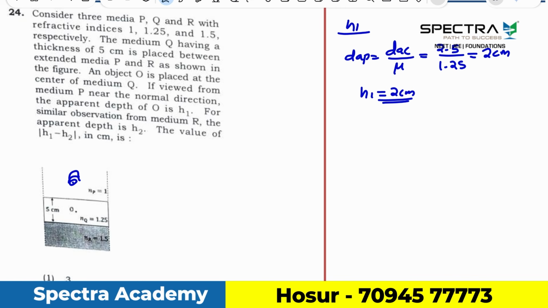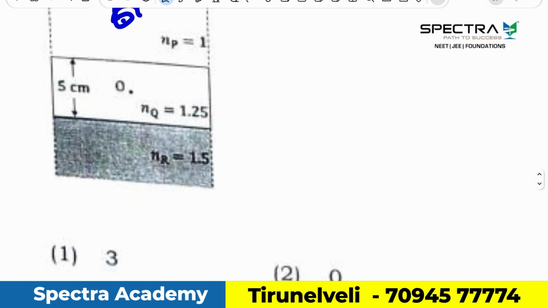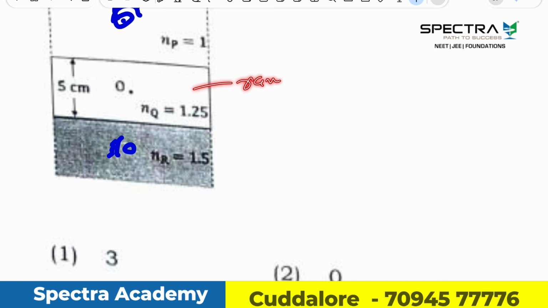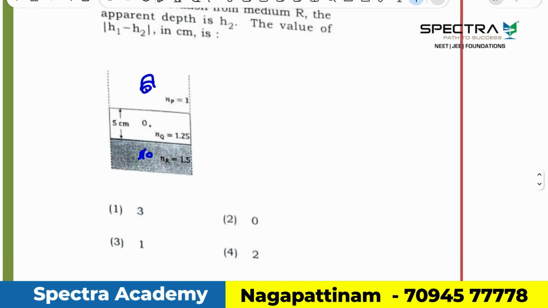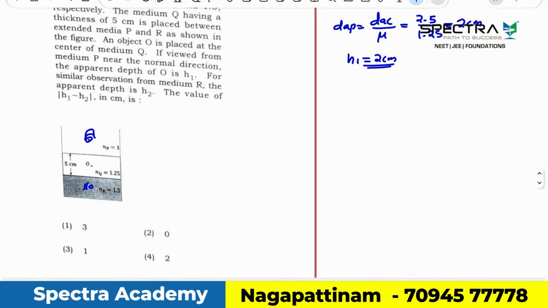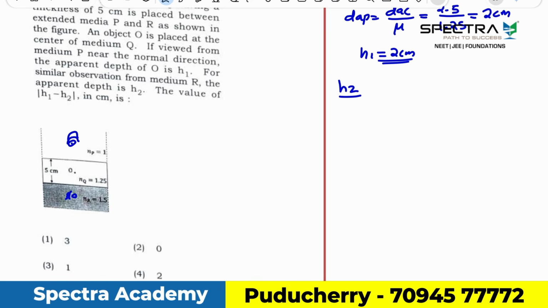You got it. Now when you are looking from this medium, you know that this is rarer and this is denser. So you are looking from denser to a rarer medium. So what is the equation you have to apply to find h2? I think this will be the point where students are going to make some kind of mistakes.